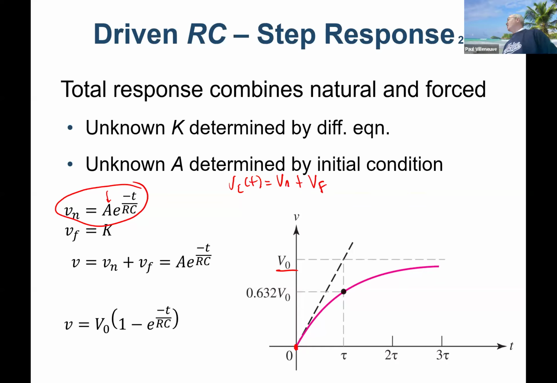It's got no voltage initially, so that value would be 0. And then our final value is going to go to some constant K, right? Because there's no oscillatory nature. There's no decaying exponential. So that is just going to be a steady state value. So we can call that K. So our final function for voltage is V naught times 1 minus e to the minus t over RC.